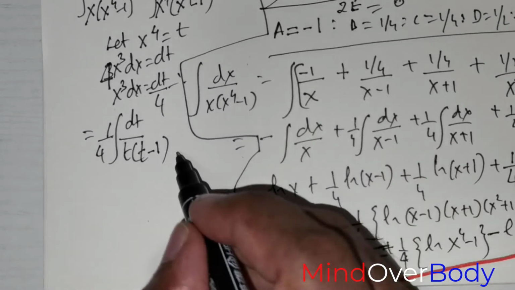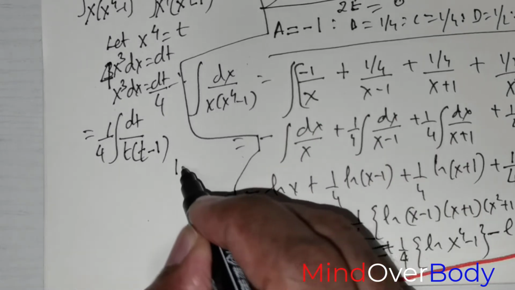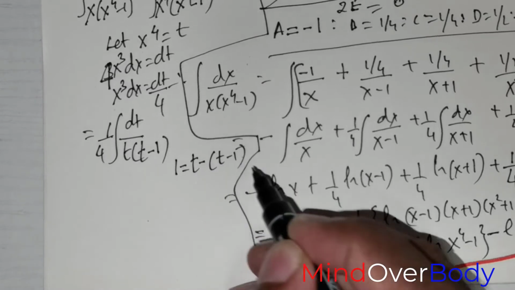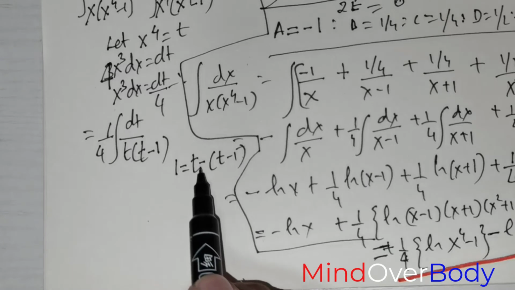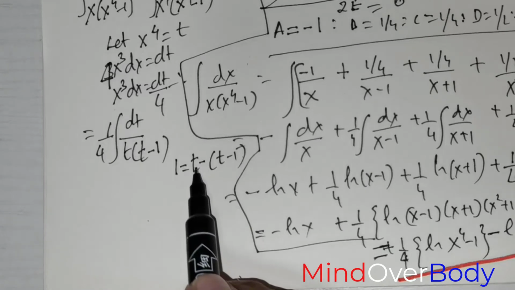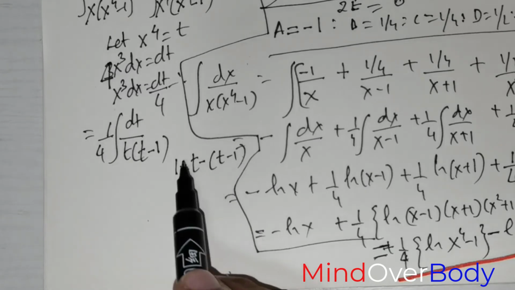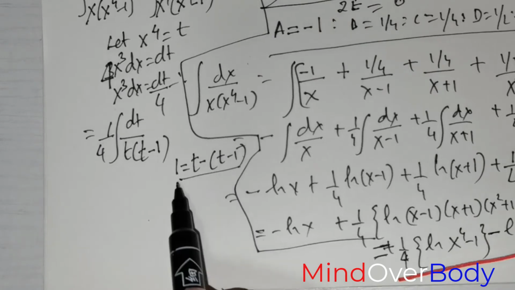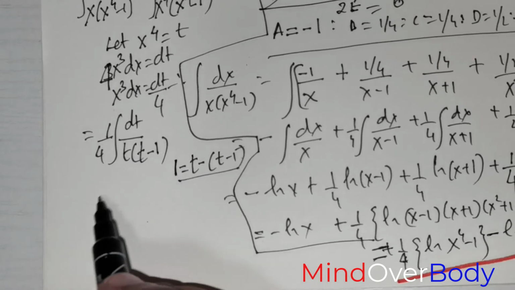Now the numerator has got 1. What I wish to do is rewrite 1 as t minus of t minus 1. If you were to distribute this negative sign, you will get t minus t, so t and t get cancelled. Negative times negative will be 1. So we are getting back the left hand side.